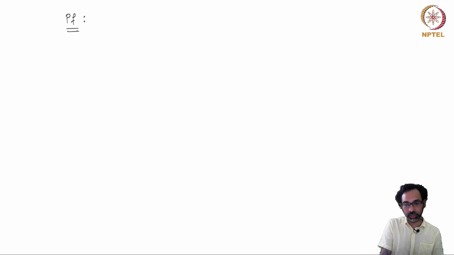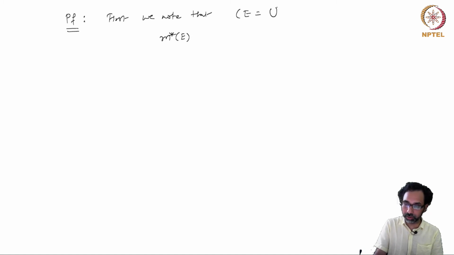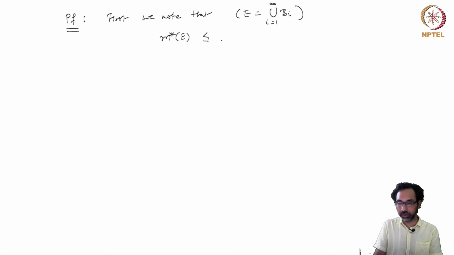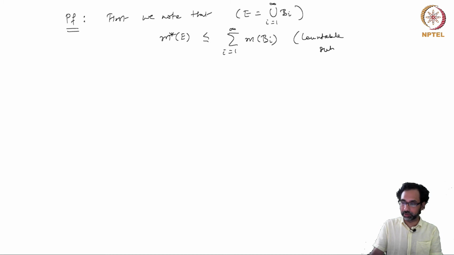The proof is not very difficult. First we note that the outer measure of E, where E is the countable union of these almost disjoint boxes, by countable subadditivity, is bounded above by the sum of the measures of these Bi's, i equal to 1 to infinity.